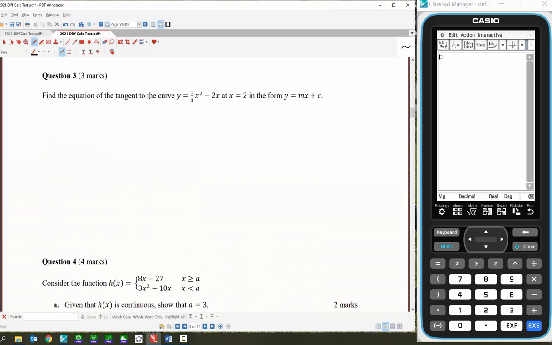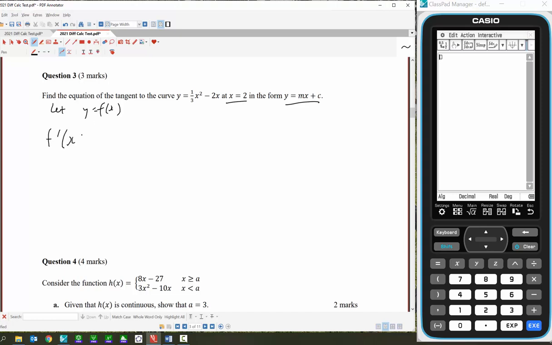Okay, find the equation of the tangent to the curve at x equal 2 in the form y equals mx plus c. So for this one, what we'll do is actually get the gradient of the tangent at x equals 2. To do that, we'll need to find the derivative of this and then bang 2 into the derivative. So I'm just going to use function notation for this. Let y equal f of x.